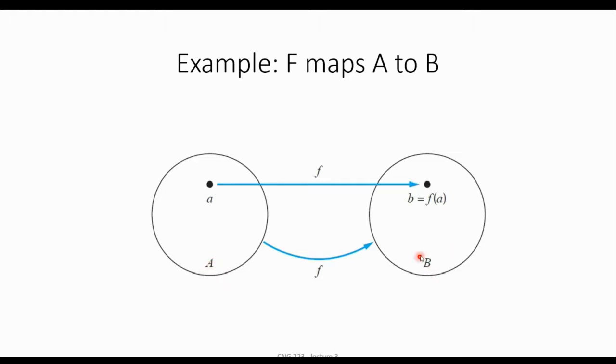And B here is our codomain, all the possible values that are available for us inside this set. So you can take an arbitrary element a inside this set, and this is the pre-image of b, which is the image of a. Whenever you insert a inside this function, the output should be b. In a simple way to say it, whenever you use a inside f, you will get b as the output.